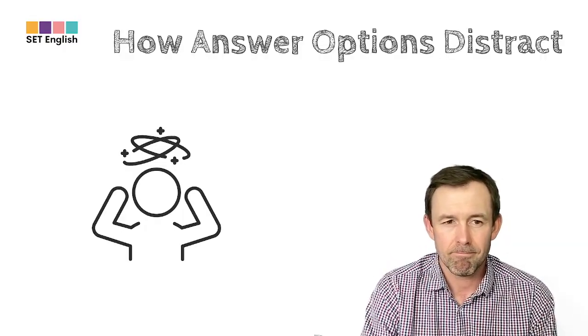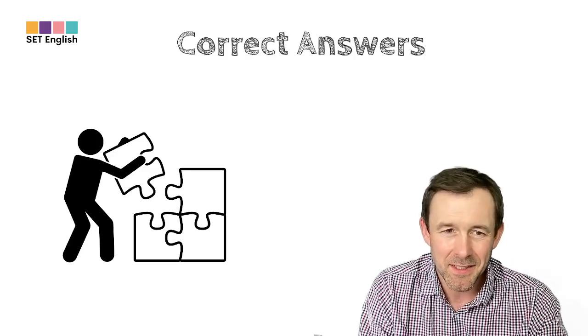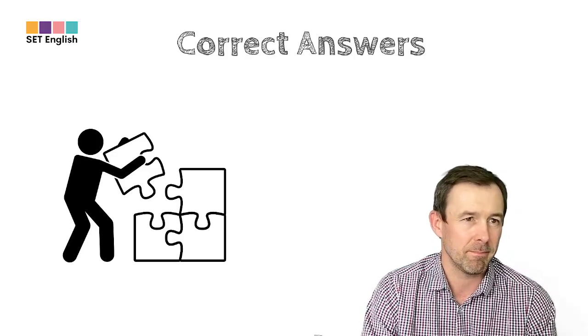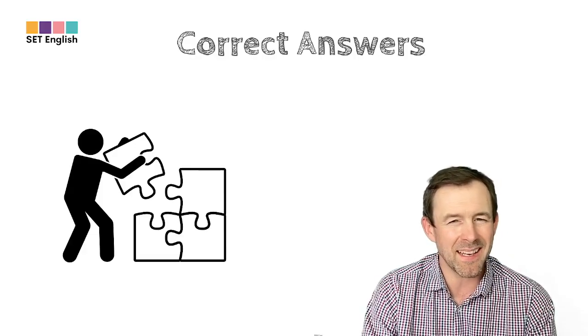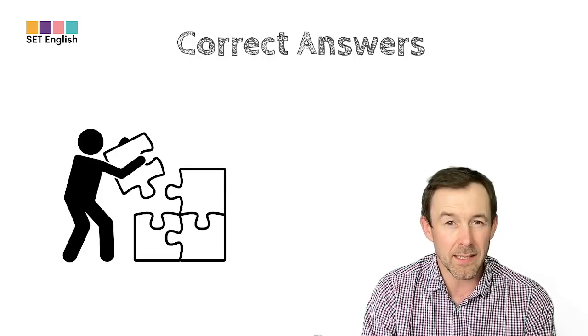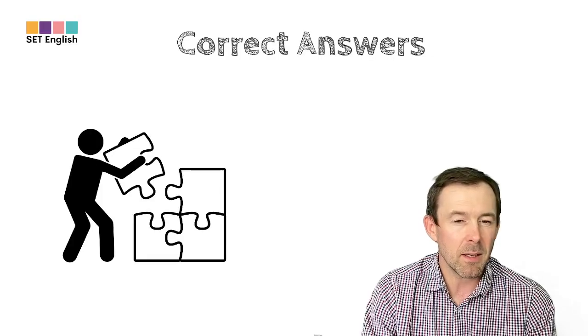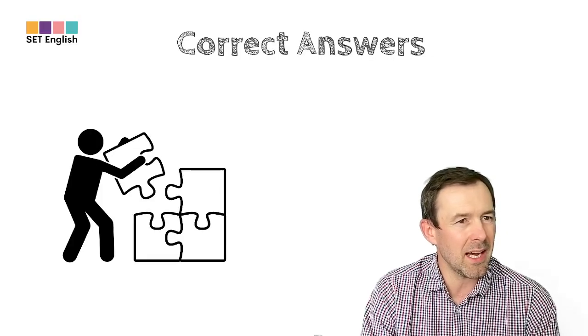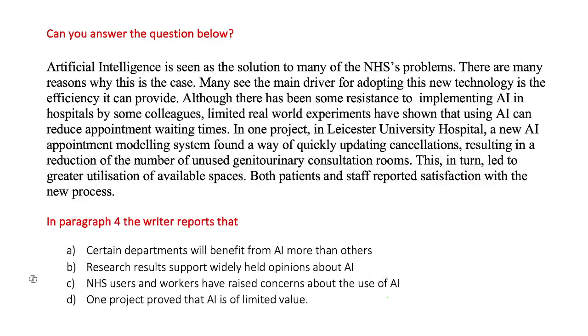Now, the correct answer. How do we get to the correct answer for this one? Well, let's go and have a look at it and try and analyze it and see what it is about option B that matches the text and answers the question. How does it happen? Okay, so let's go and have a look. Right.